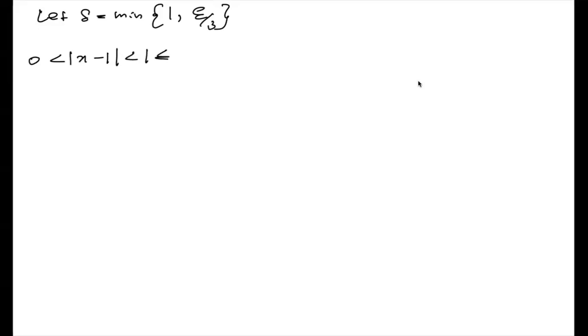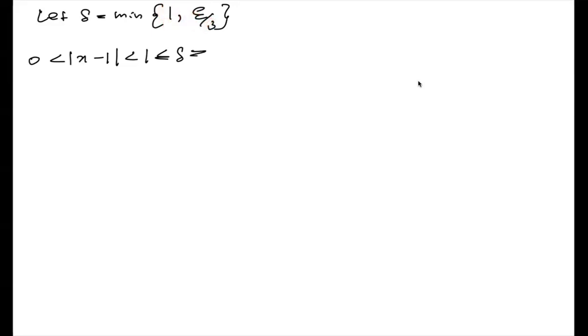So what I'm going to do is, I start with let delta equals the minimum of 1 and epsilon over 3, right? Then 0 less than |x minus 1| less than or equal to delta, because delta is the minimum of these two, so it should be less than or equal to this one or this one.